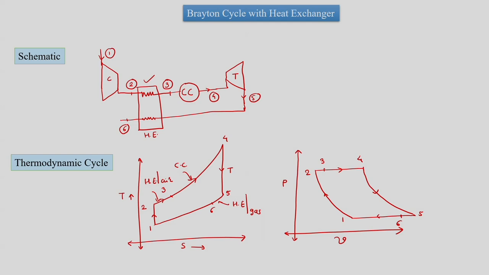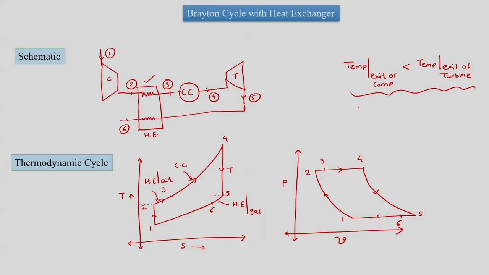The point we should note here is that the temperature at 2 has to be lower than the temperature at 5. That means the temperature at the exit of the compressor has to be lower than the temperature at the exit of the turbine to implement the heat exchanger. So this remains the criterion to implement the heat exchanger.